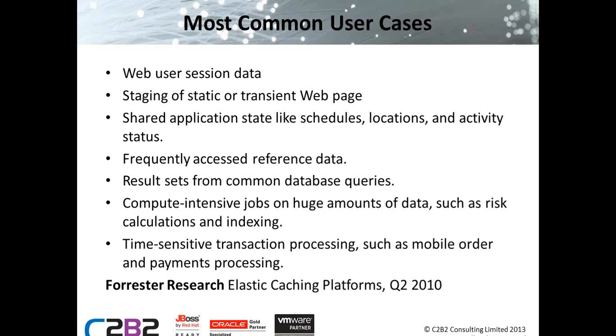Some people use it for staging static or transient web data, which is sort of fragments of data. Large-scale caching of shared application state or reference data is another common use case. Obviously, caching of results from database queries.